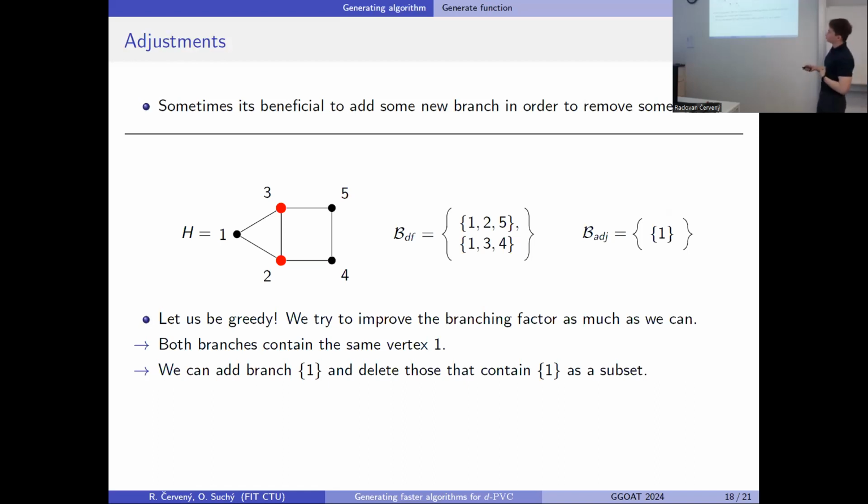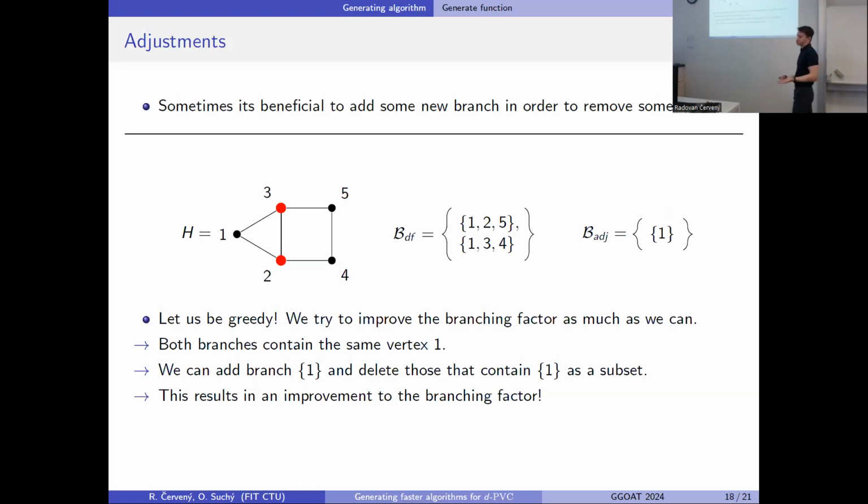But if you introduce some good enough branch, for example, in this case, if I add branch 1, then basically what I can do is delete every other branch that contains 1 as a subset, because again, the 1 will go towards the same solution as the branches that contain it. Okay, and in this case, the result is a branching rule with only 1 branch, basically a reduction rule in this case.